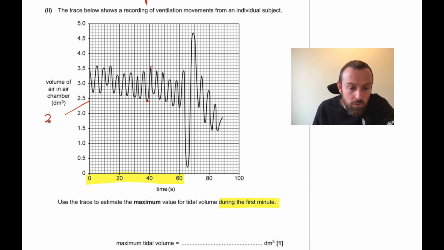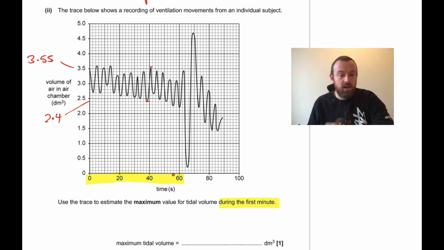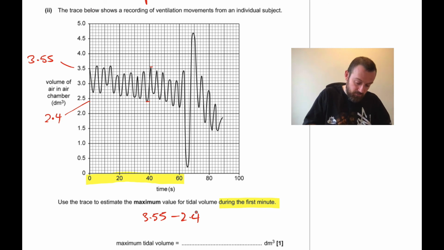Okay, 2.4. First, you need to make sure that you're looking at the scale correctly. Each individual miniature square here is worth 0.1. So that's 2.4. And then there is going to be, I would say, 3.55. So if you do that calculation, 3.55 minus 2.4, you should get your answer.